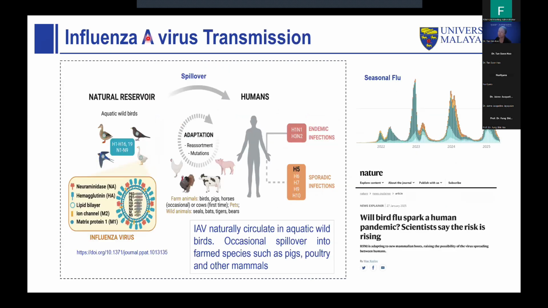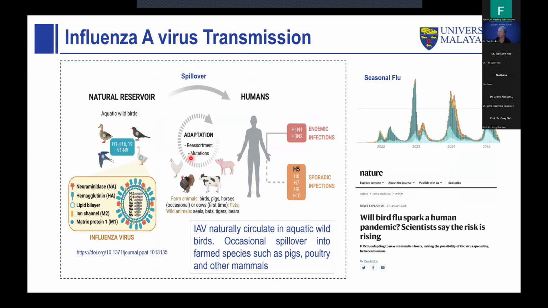When we look at the influenza virus transmission cycle, you can maybe understand this better. The influenza virus naturally circulates in aquatic wild birds. So this is their reservoir.